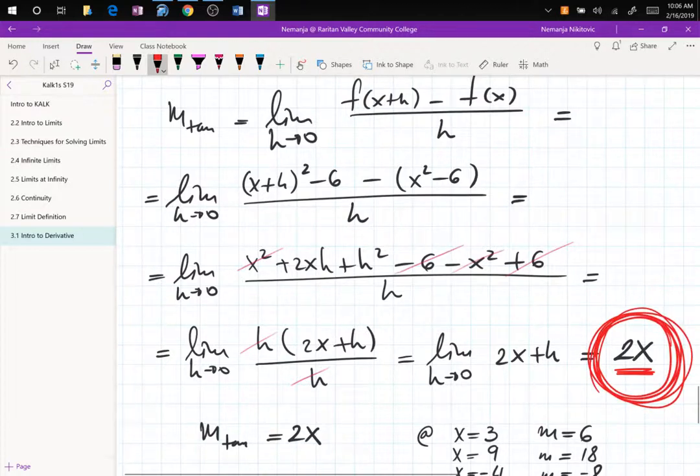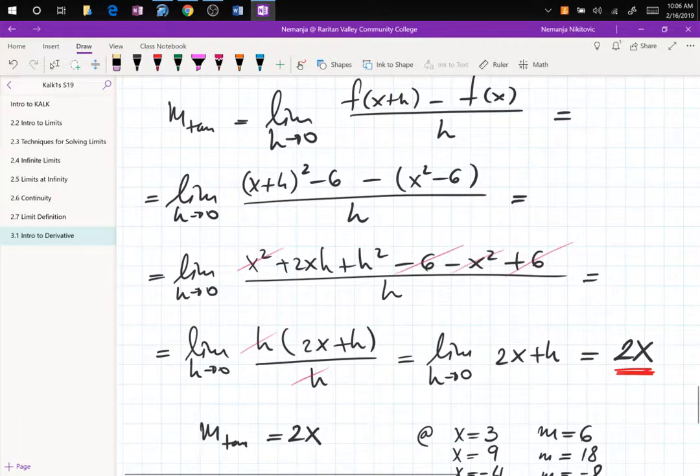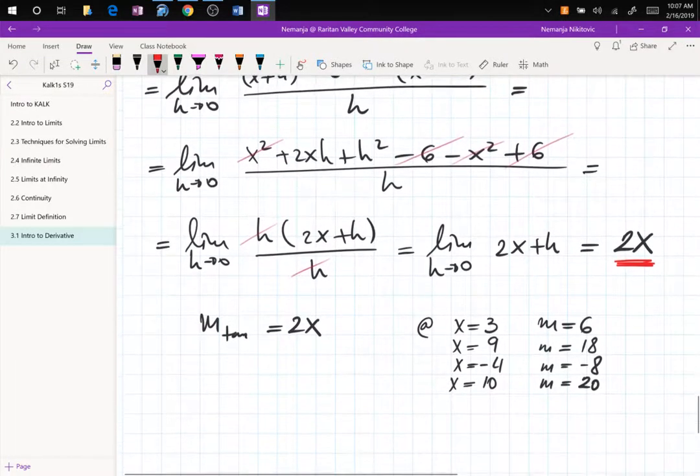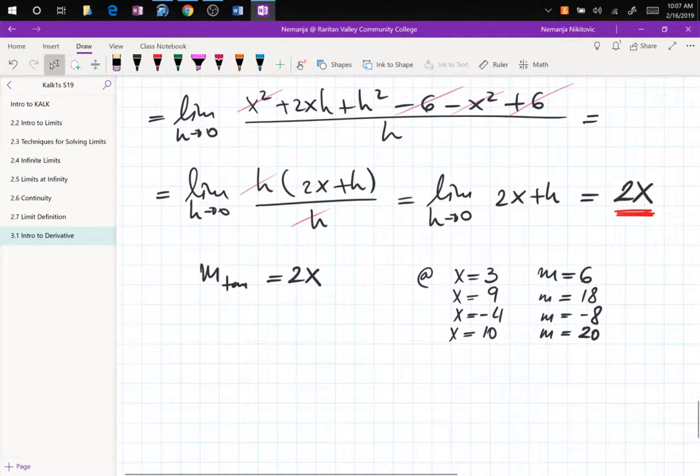The name is the one and only, the star of the chapter, the derivative. Yes. This puppy here is the derivative. So what is the derivative?